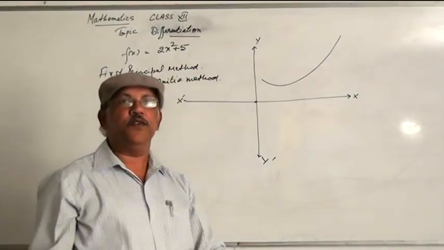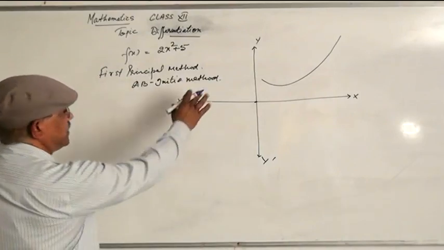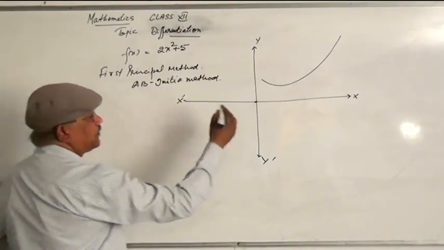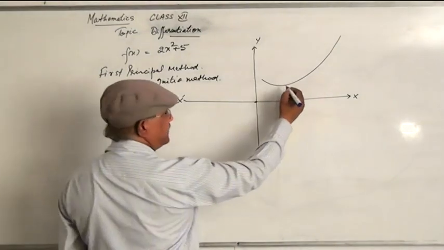Ab initio method means we are going to start from the beginning. So, as you did already, suppose we are taking any 2 points on the graph.